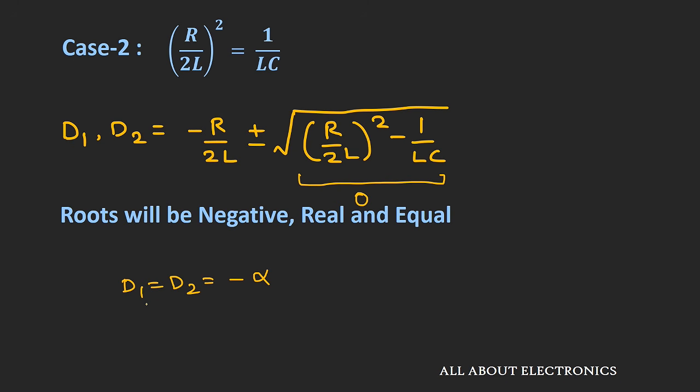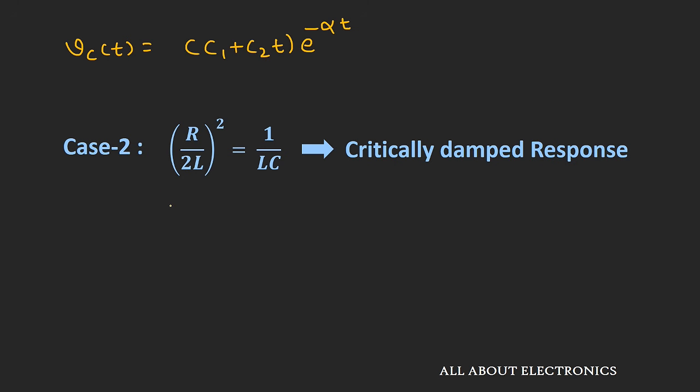In such a case, the solution Vc of t can be given as (C1 plus C2 t) into e to the power minus alpha t, where C1 and C2 are coefficients, and these coefficients can be found out using the initial conditions, and we will see about it when we solve some problems based on these RLC circuits. So in the second case, where (R over 2L) whole square is equal to 1 over LC, the response of the circuit is known as the critically damped response.